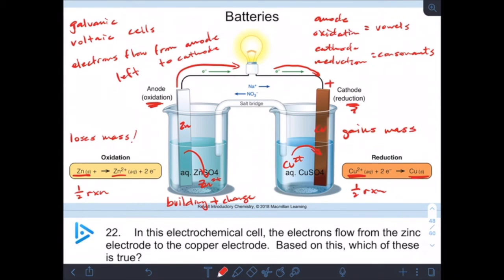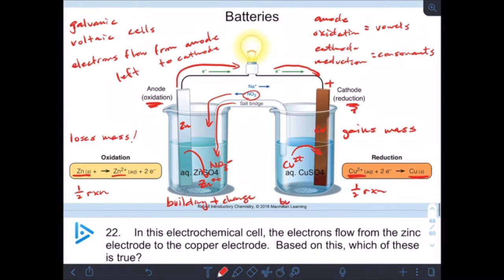I'm getting more positive ions in the solution. So in order to keep the charge balanced, I need negative ions to come in. That's the point of this salt bridge: I'll have negative ions flowing out of the salt bridge.